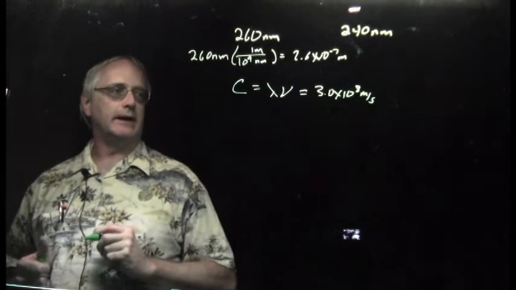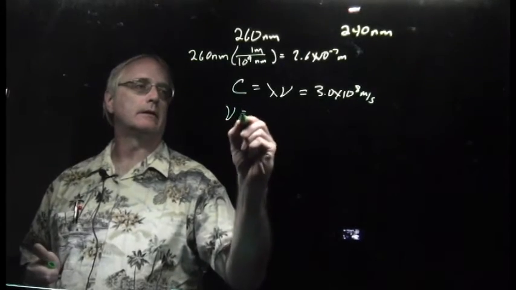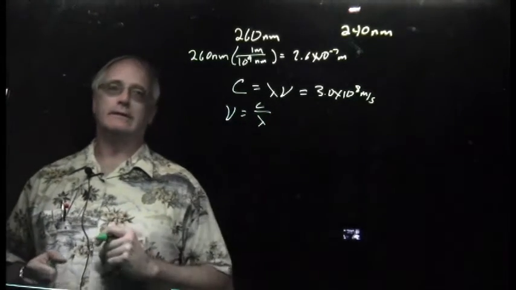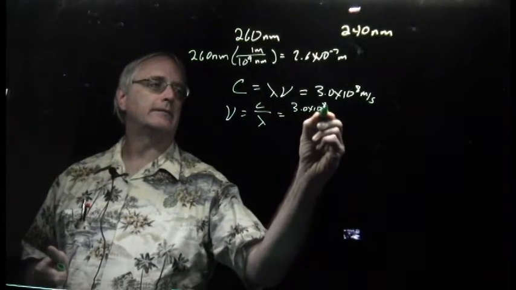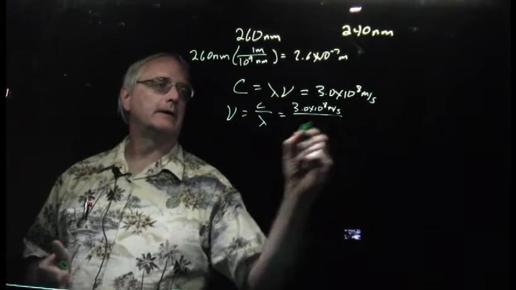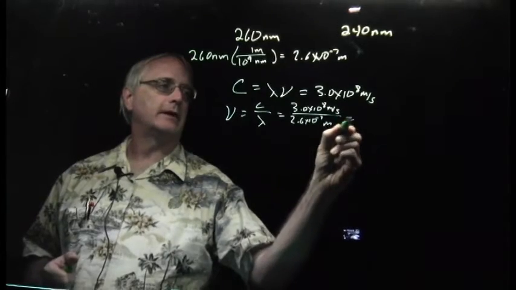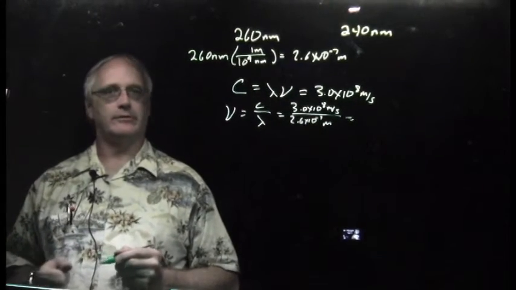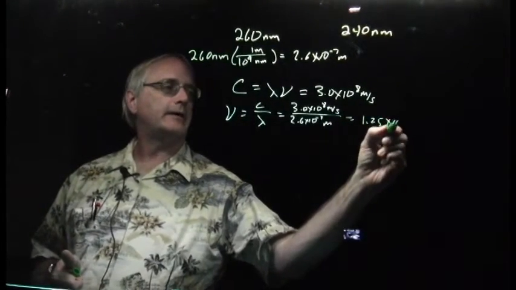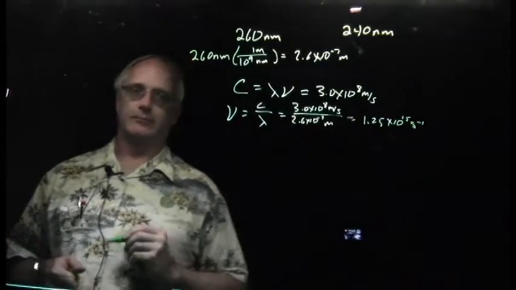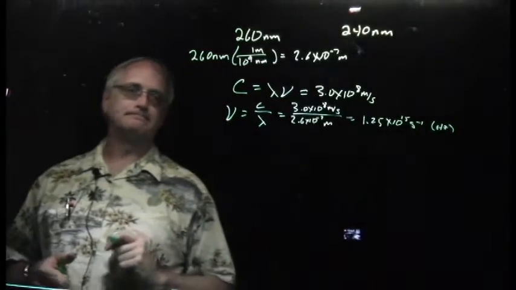If you take the speed of light equation and solve it for frequency, you get that, and then just plug in the numbers. 3 times 10 to the 8th meters per second, divided by 2.6 times 10 to the negative 7th meters, gives a value in reciprocal seconds, or hertz, of 1.25 times 10 to the 15th hertz.